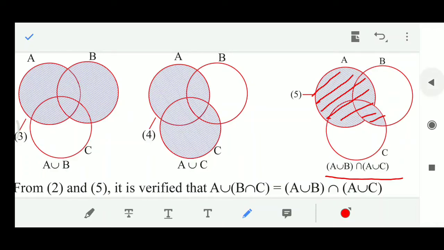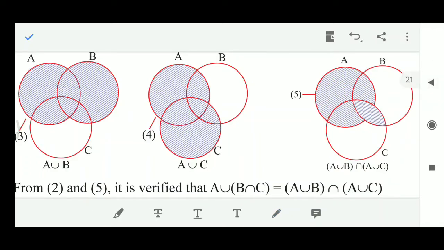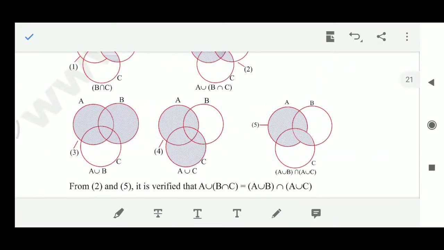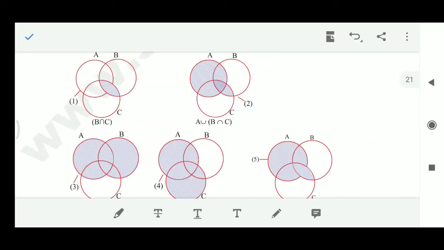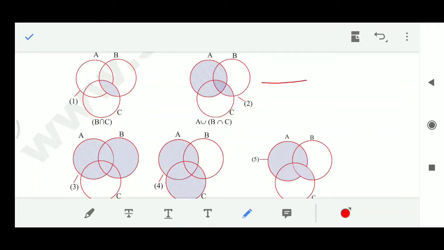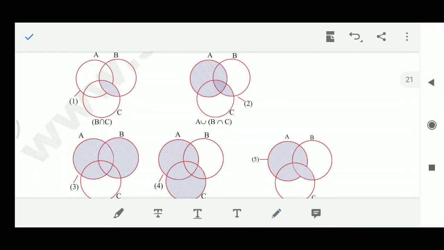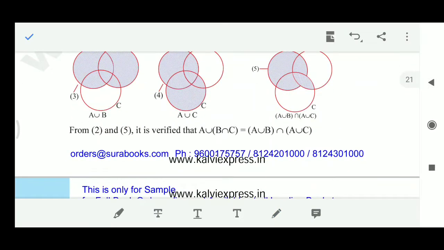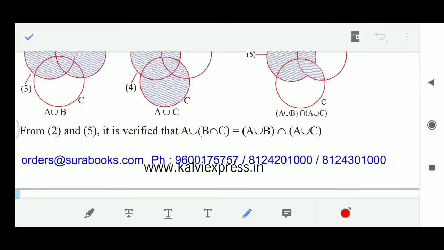Now from the second diagram and the fifth diagram, it is verified that A union (B intersection C) is equal to (A union B) intersection (A union C). Look at this, the 2 and 5 are equal, so it is verified. Like that you can do the example sums from the book.